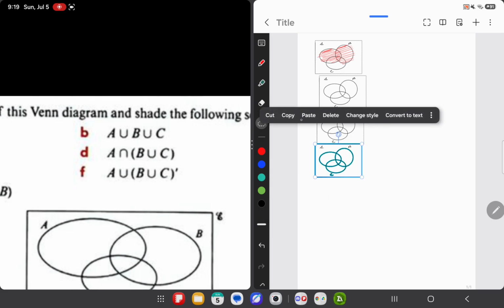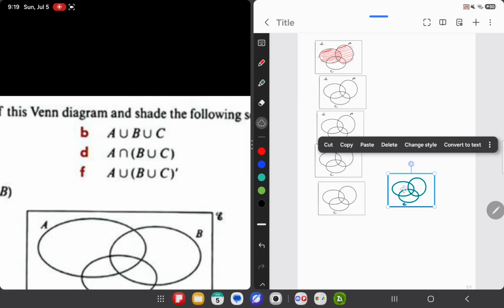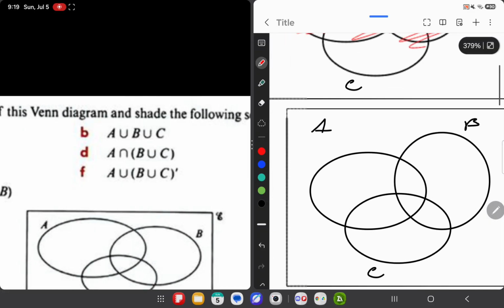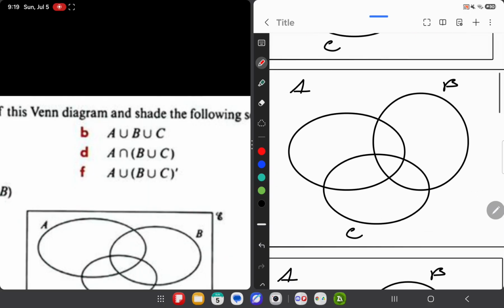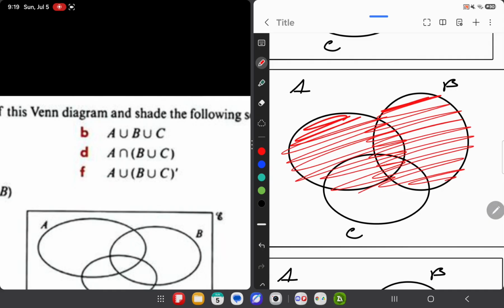To solve your problems, you have to remove the problem itself. That's what I say to algebraic fractions. B, you know how a union is adding, so we do A and B and C.